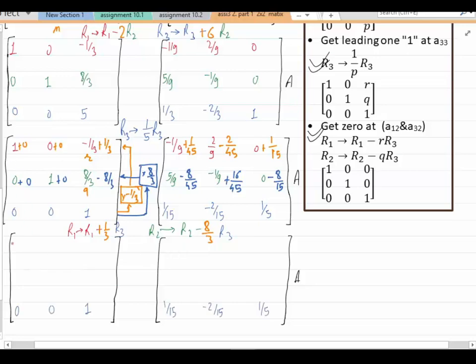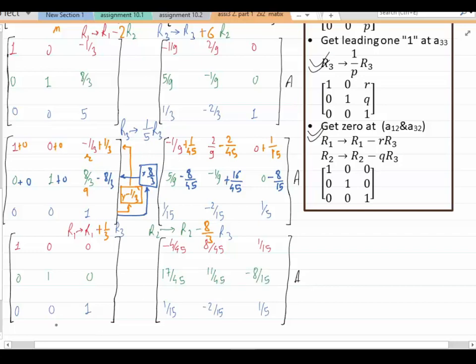Now our first row will be 1 0 0 without any doubt, and minus 4 by 45, 8 by 45 and 1 by 15. Second row will be 0 1 0 again without any doubt, and 17 by 45, 11 by 45 and minus 8 by 15.